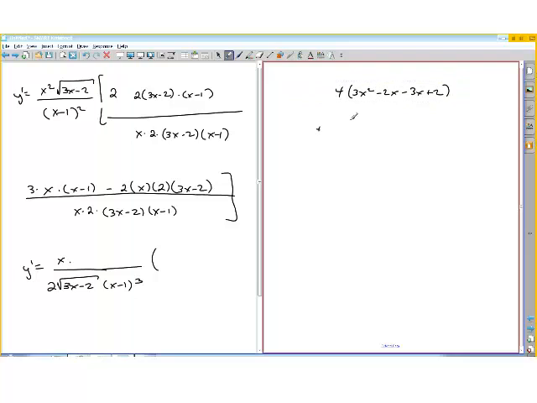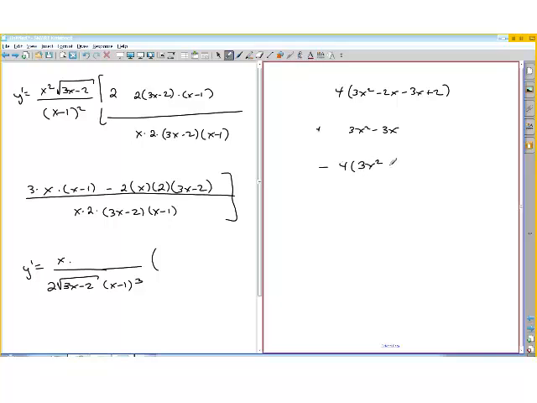And let's just put it in a column format here. Then we have this, which is going to be 3x squared minus 3x. And then we're going to subtract this last thing, which is going to be, let's see, 4. 2 times 2 is 4.